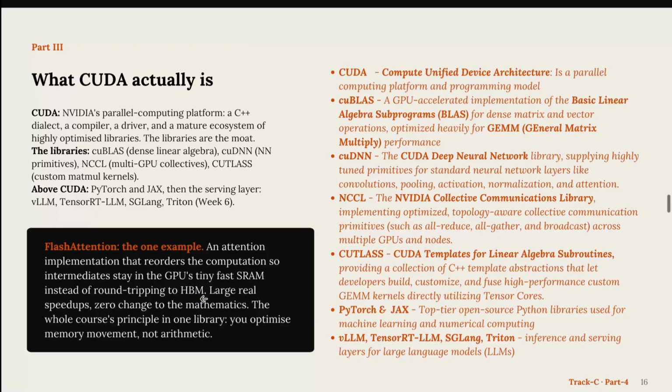This provides large real speedups, with zero change in the mathematics. So the whole course's principle is in one library: you optimize memory movement, not arithmetic, because arithmetic has a ceiling, but the memory movement from HBM to SRAM can be improved, and that has provided a compounding performance benefit.